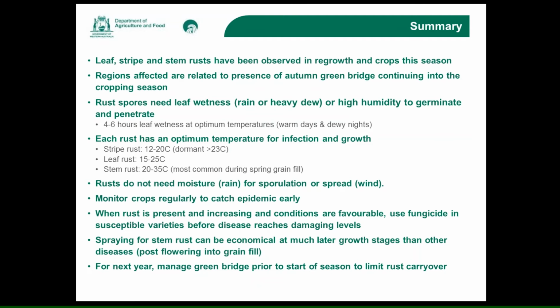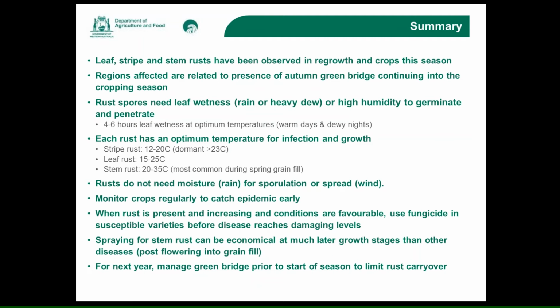A lot of those regions which received fairly strong rain through the February-March period, and as a result had some pretty good levels of regrowth, have seen some of that regrowth perpetuating right through to the start of the cropping season and actually right into the cropping season. And that's a classic autumn green bridge for the carrying of and multiplying of rust diseases.